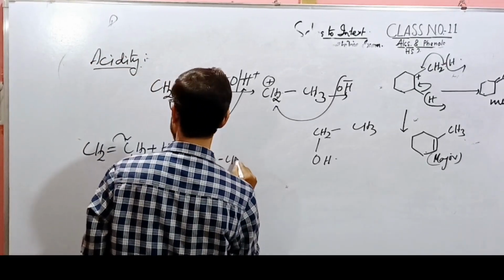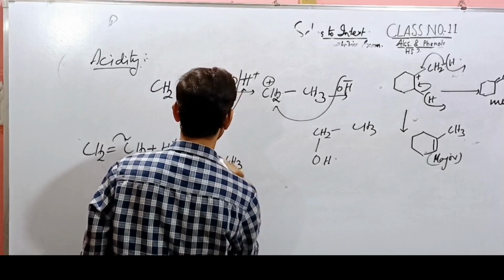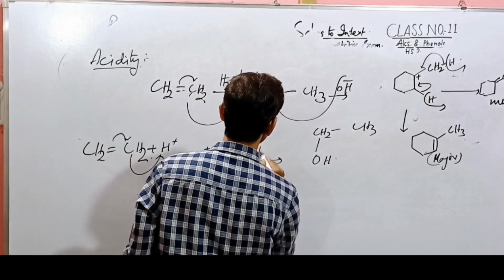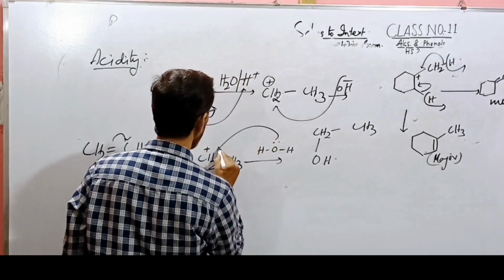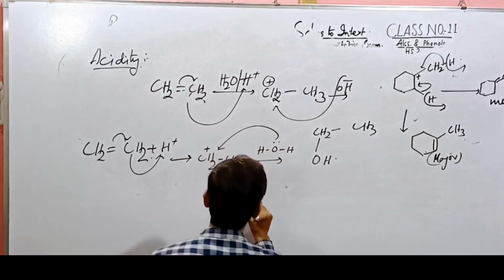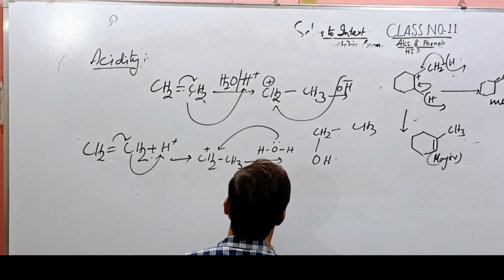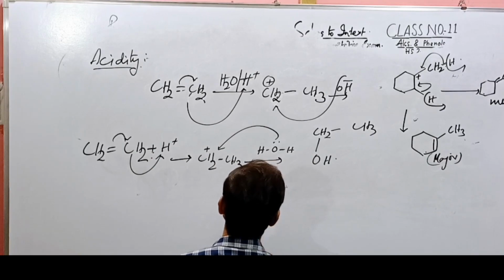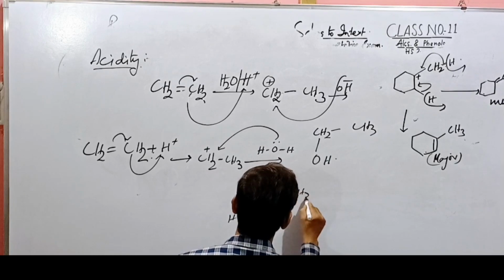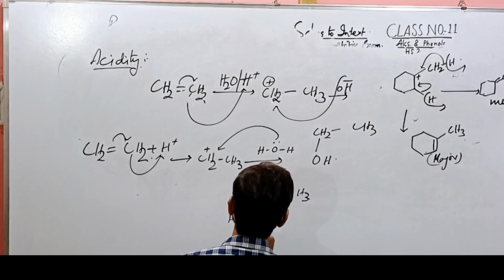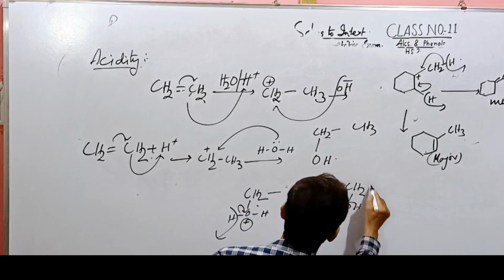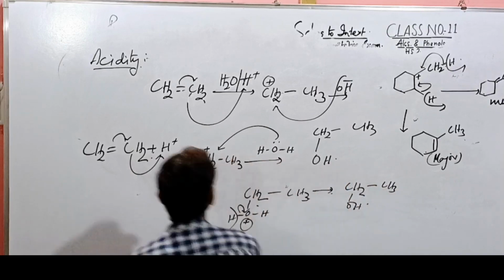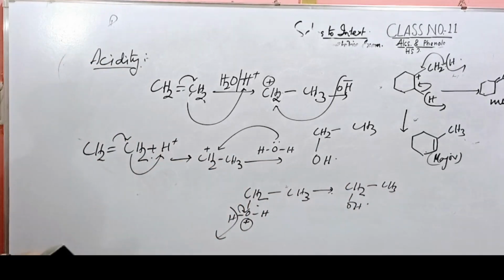CH2 bond CH3 plus, am I right? So water can attack here, and that is CH2 OH H CH3, this plus goes out, and gives CH2OH CH3.